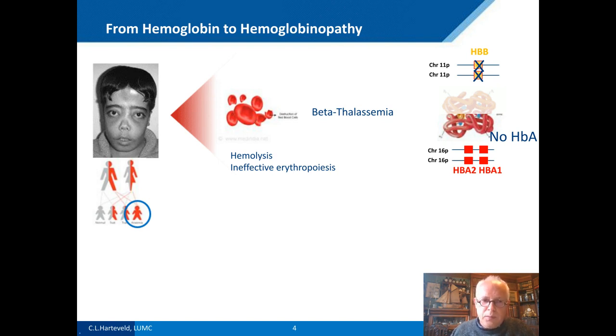They may form tetramers with themselves, which are not soluble, and they precipitate, destroy the membrane, and this causes hemolysis and an ineffective erythropoiesis. And this is the basis of the disease.